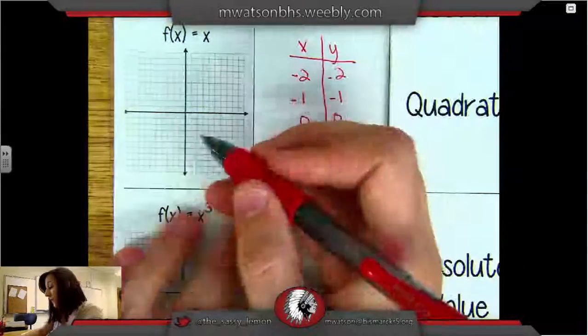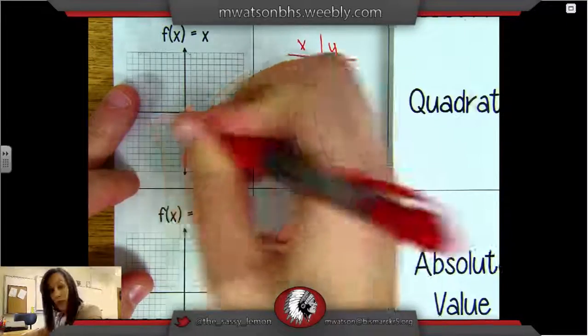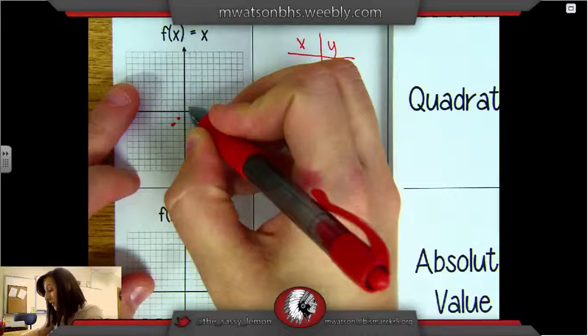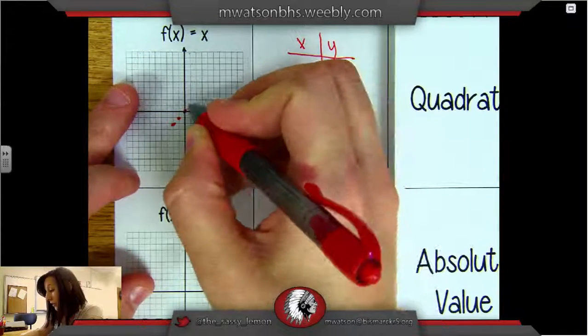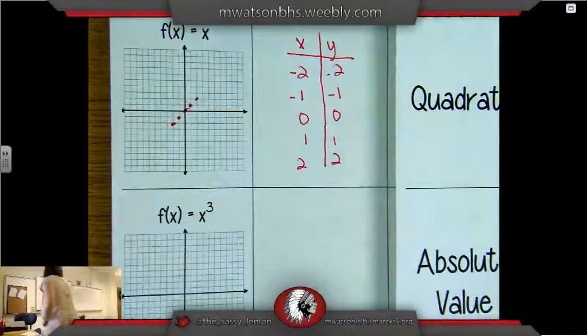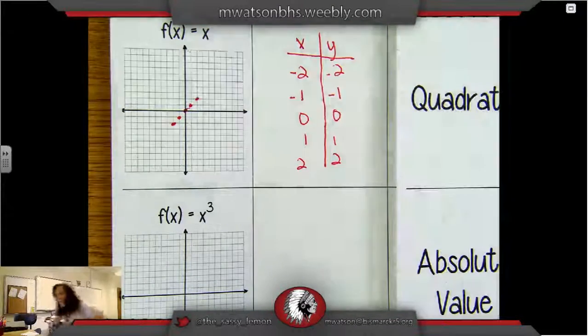And so it forms this line, -2, -2, -1, -1, 0, 0, 1, 1, and 2, 2. And so if we draw a line, I want mine to be really straight.